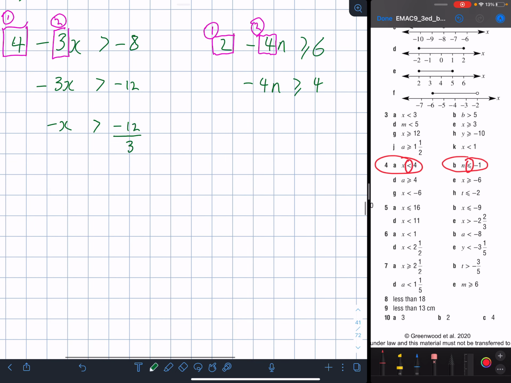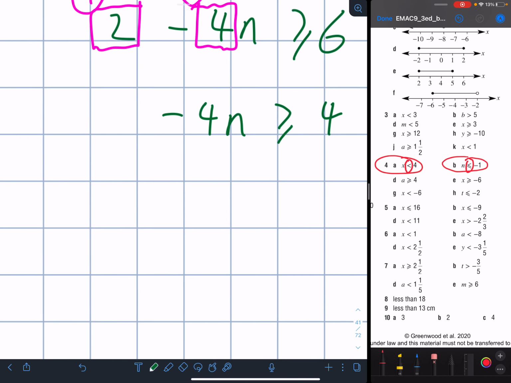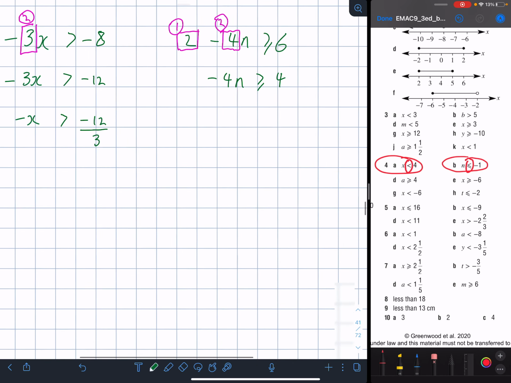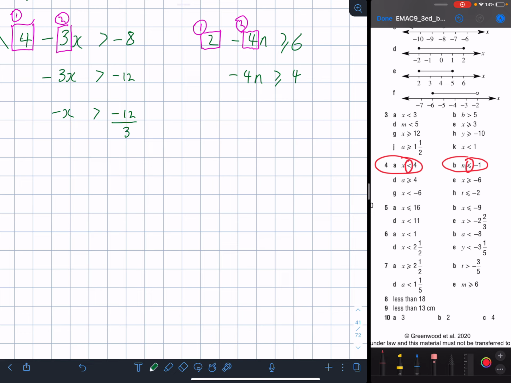And on our right inequality, we're going to divide by 4, and that will give us -n is greater than or equal to 4/4.